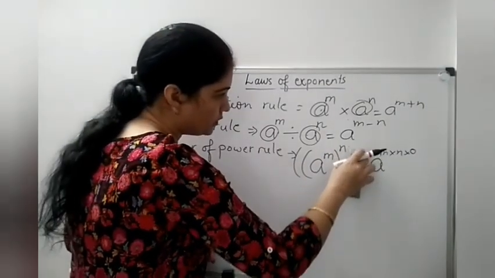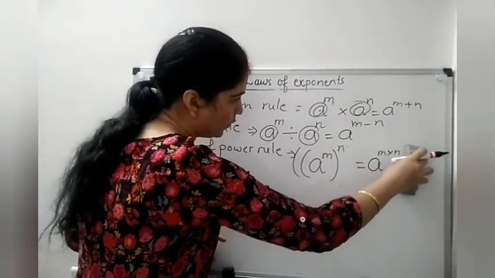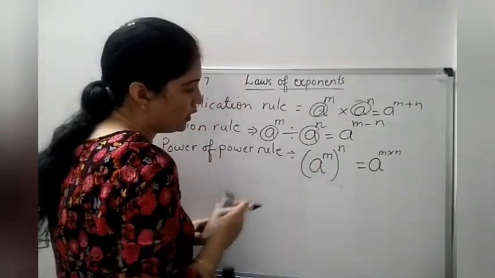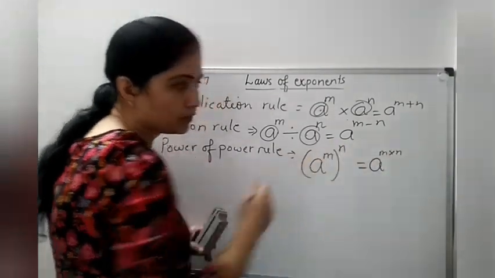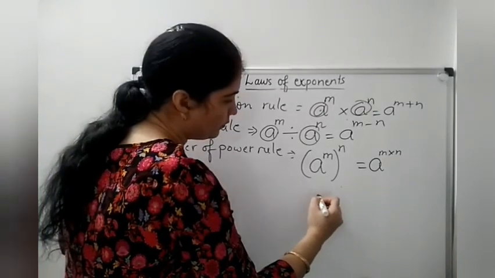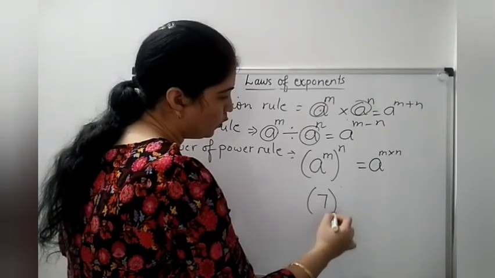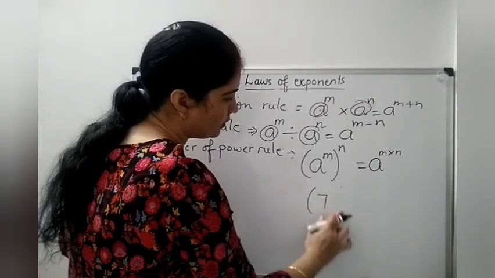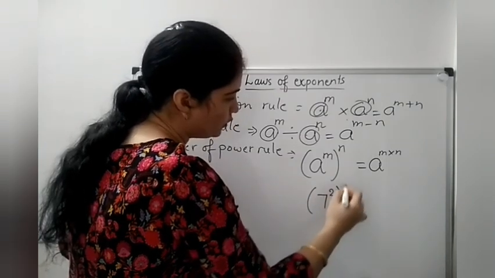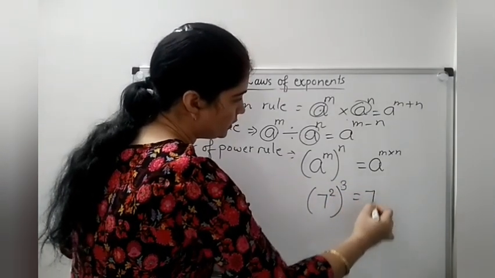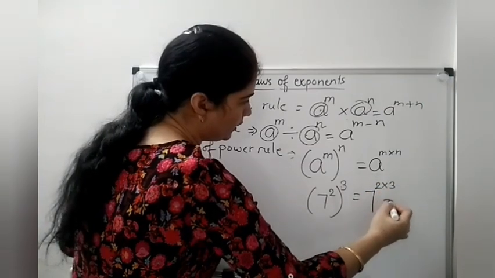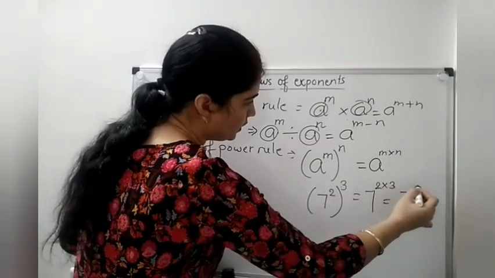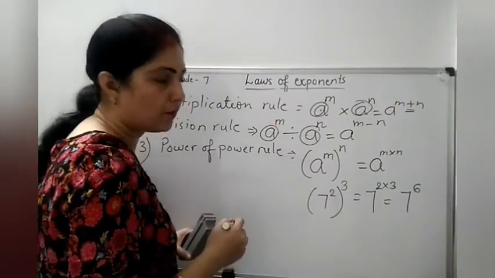According to the rule, if a raised to the power m, and the whole raised to the power n, then both exponents will be multiplied. For example, if I take 7 raised to the power 2, and the whole raised to the power 3, then 7 is the base and both exponents will be multiplied. So it will give 2 times 3, that is 6.